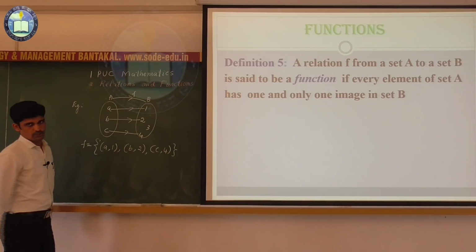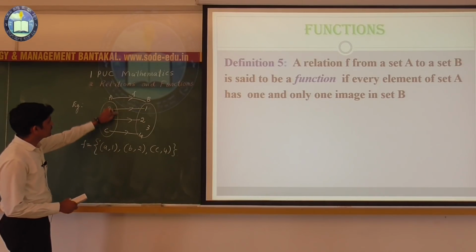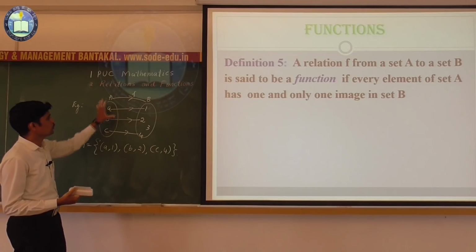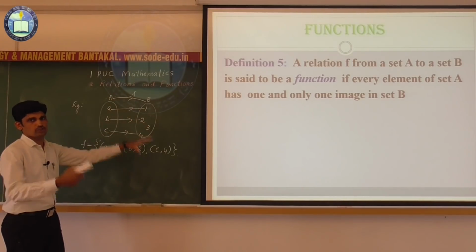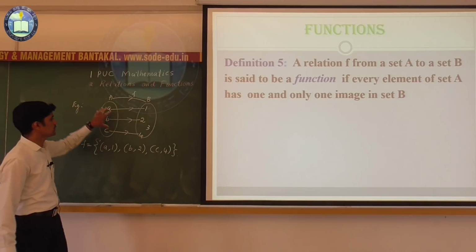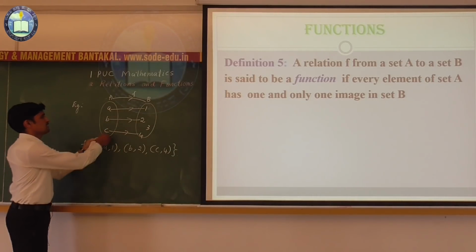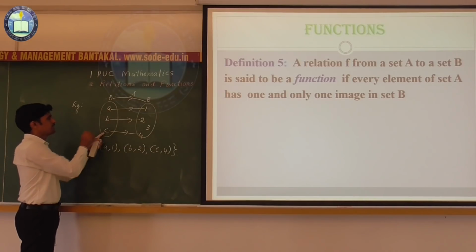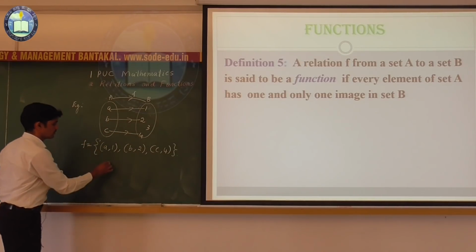Then which is not a function? If at least one element in set A has no image in set B, then it is not a function. That first condition is violated. The first condition is that every element in set A should have an image.